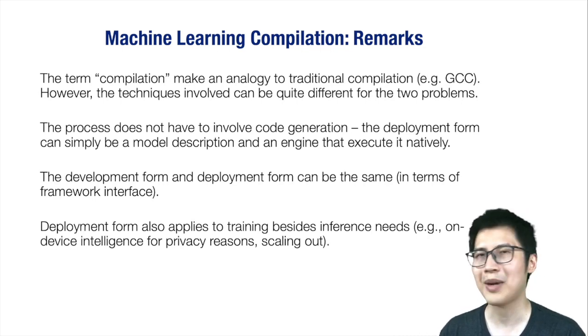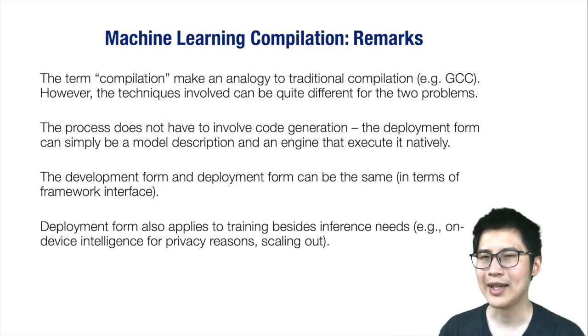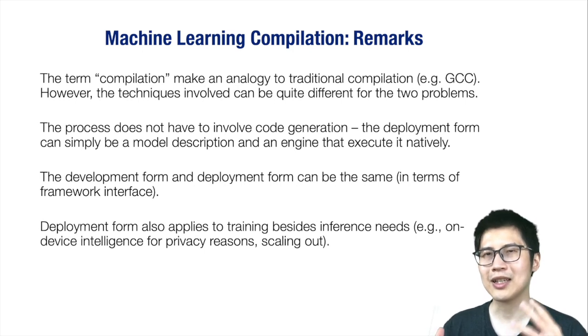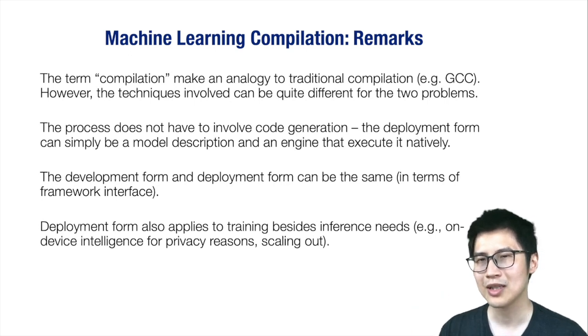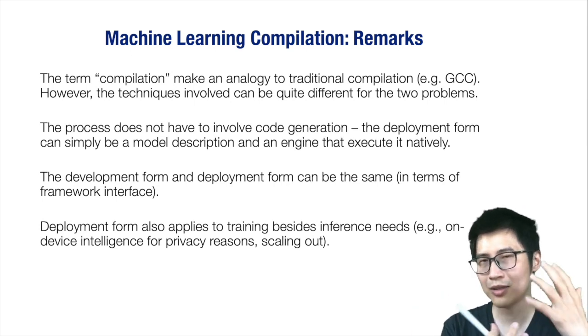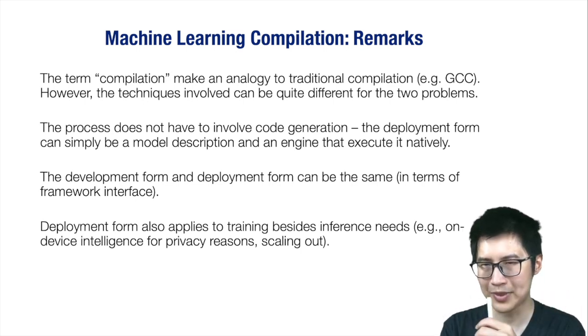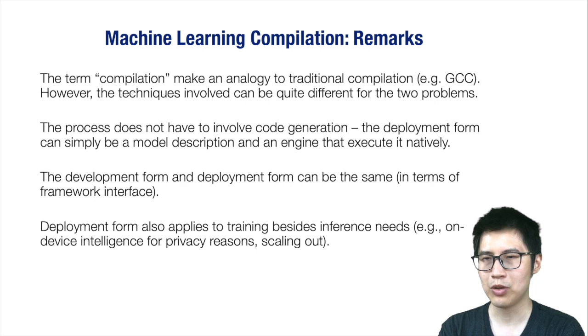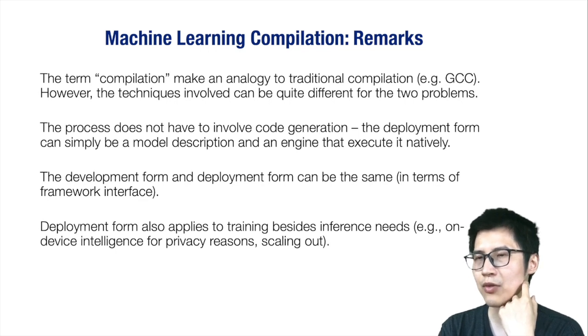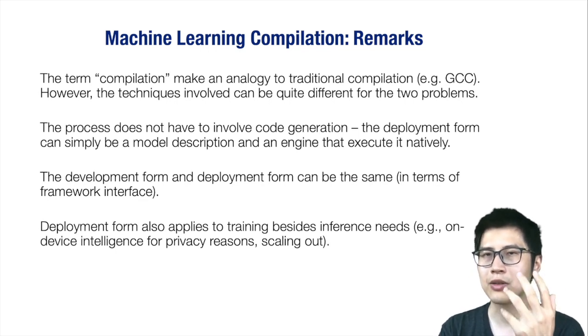The term compilation in MLC comes from analogy to traditional compilation, in the sense that if you think about a traditional compiler like GCC or Clang, effectively they are taking the code or program in its development form, being developed by software developers, and compiling it onto executables or libraries or other forms that we can use to deploy onto our real-world settings. However, although we call it compilation, the techniques involved behind the scenes can be very different between these two problems.